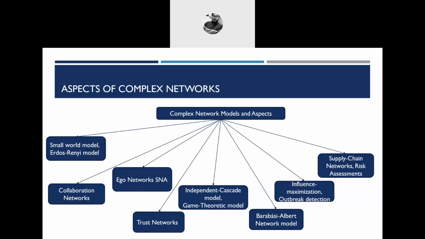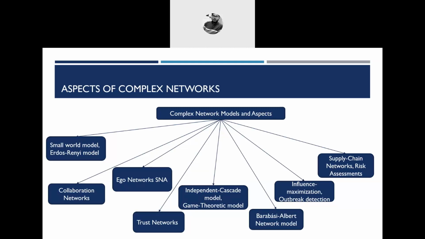Then, with the recent onset of COVID-19, we can also monitor the outbreak of COVID-19 through complex networks. Then we can also understand the risk assessment in supply chain disruptions, general supply demand networks, say economic networks mostly.